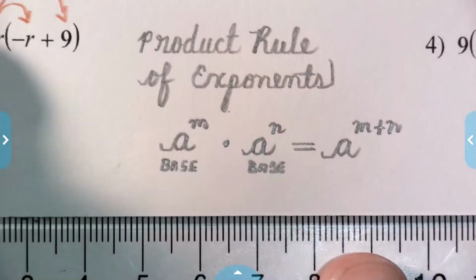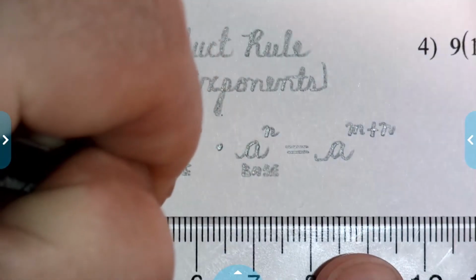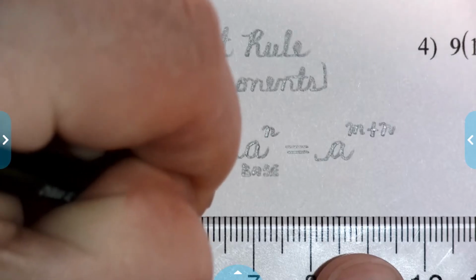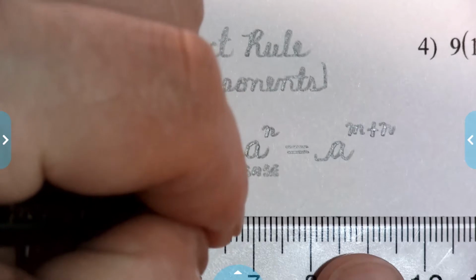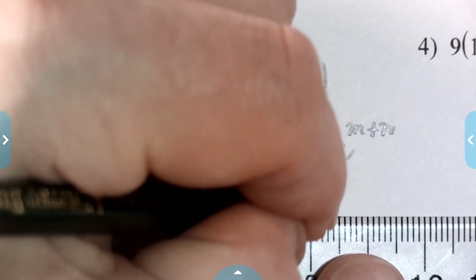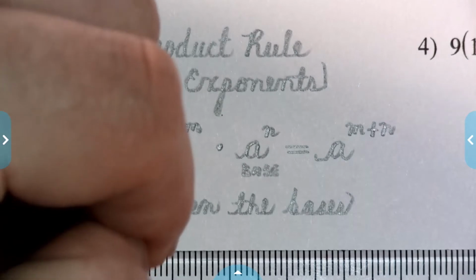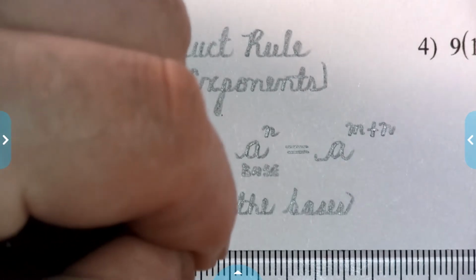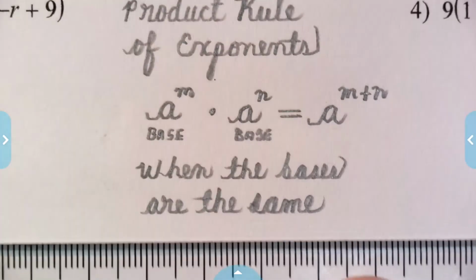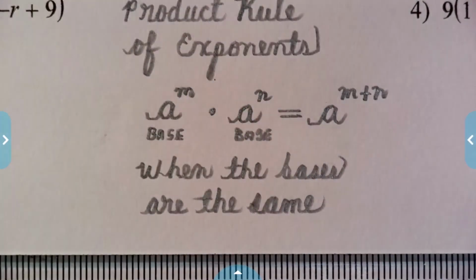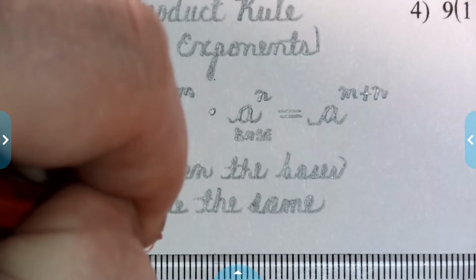Another way of saying this is, when the bases are the same, add the exponents.